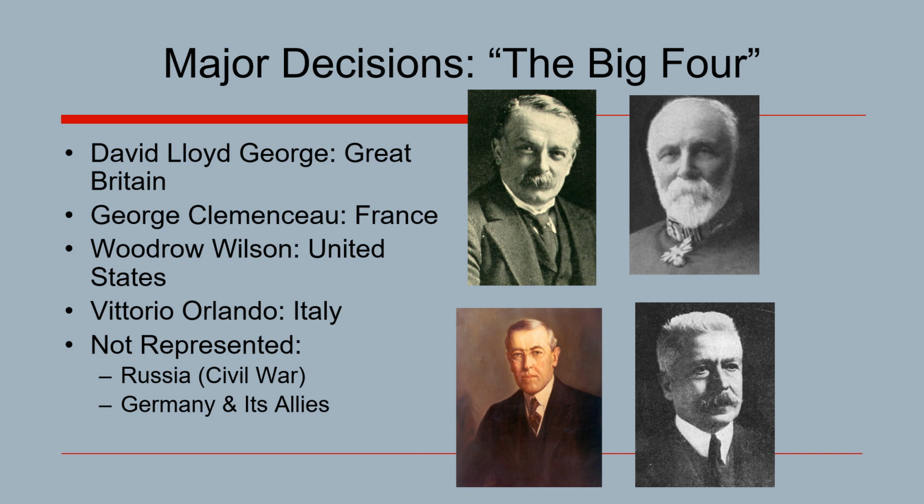Germany and its allies are also not represented. And you might say, well, why would they be? They lost the war. That is not the perspective of the Germans. The Germans feel that they sued for peace and that it was a mutually agreed upon decision. When you look at the German situation, it is desperate, as I mentioned, but also there has been no fighting on German soil.